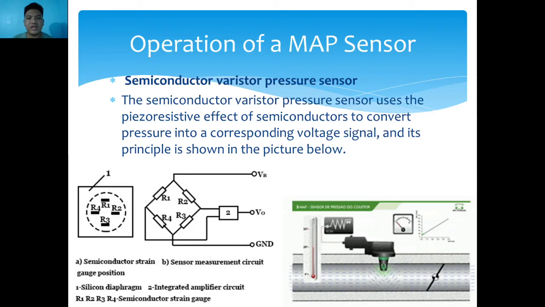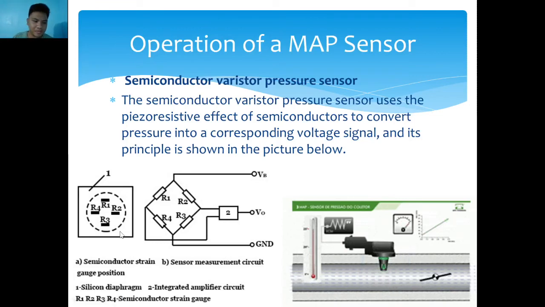The semiconductor varistor pressure sensor uses the piezoresistive effect of semiconductors, sorry, it's really hard to pronounce that word, to convert pressure into a corresponding voltage signal, and its principle is shown in the picture below.